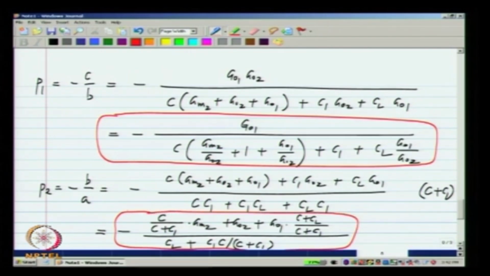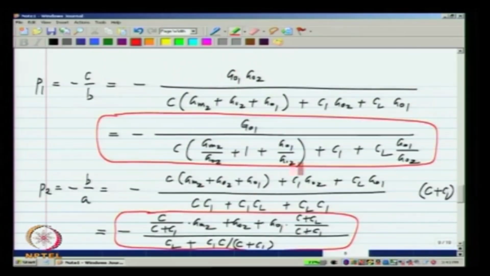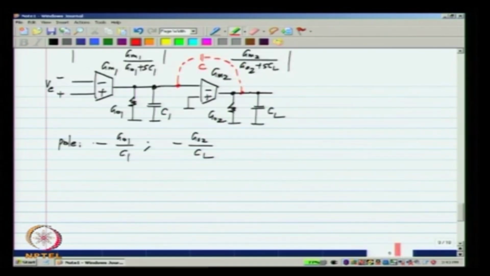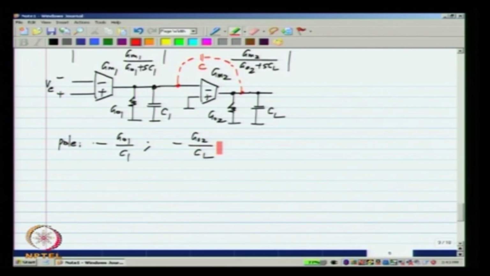Now, we will try to relate the case without C and with C and see how it makes sense. Also notice that this pole has a conductance G01 and some capacitance, and here it has a conductance G01 and a capacitance C1 which is across it. Similarly, this has G02 plus some conductance divided by some capacitance, whereas here we have G02 divided by Cl.